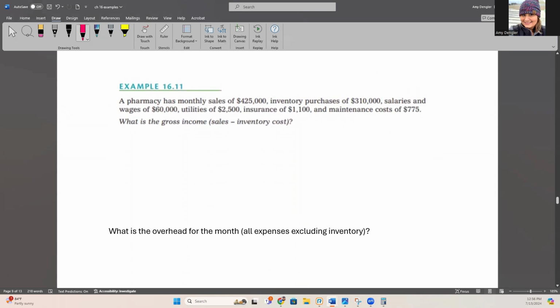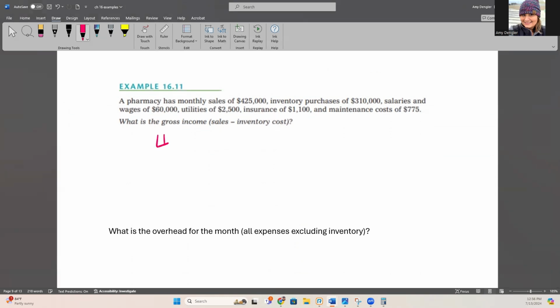Example 16.11, a pharmacy has monthly sales of $425,000, inventory purchases of $310,000, salaries and wages of $60,000, utilities of $2,500, insurance of $1,100, and maintenance costs of $775. What is the gross income? Sales minus inventory costs.